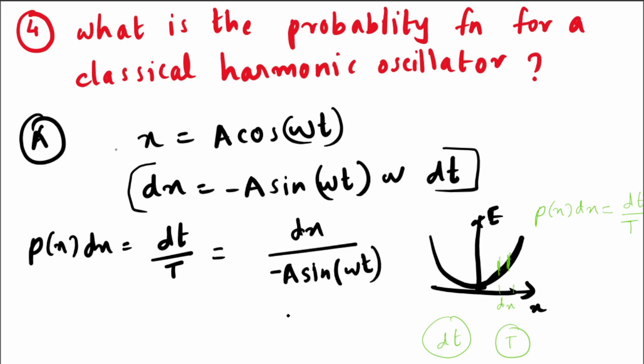Sorry, I forgot omega here. Let me write it properly: minus A omega sine omega t.